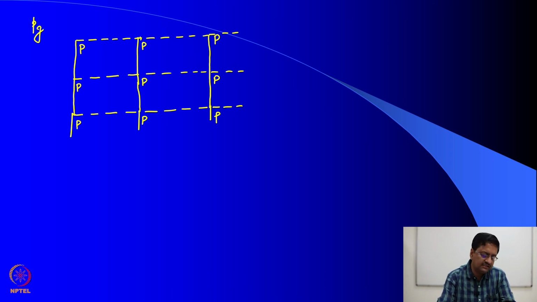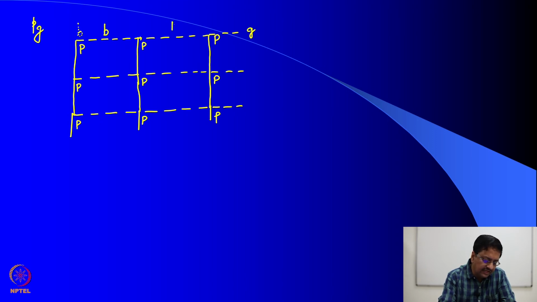Now, these translational objects will be having the symmetry G, which is the glide plane here. Technically the reflection should have come here, but because of this being a glide, it moves halfway along this.